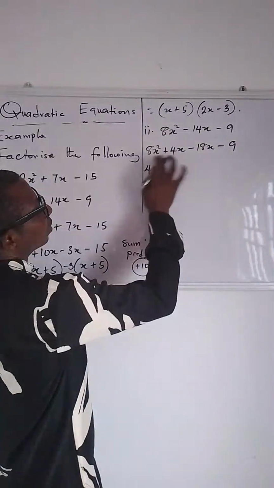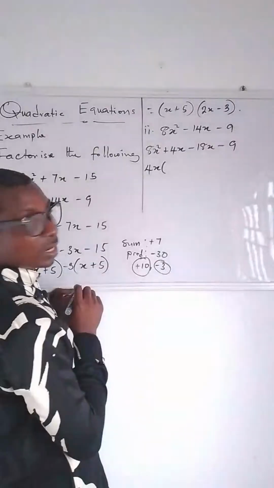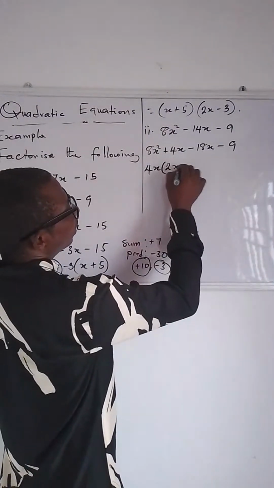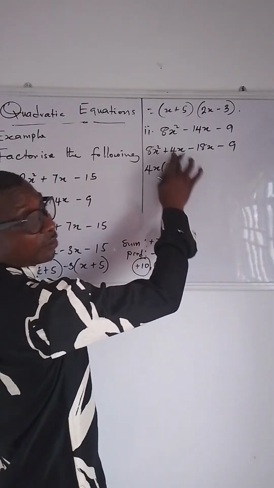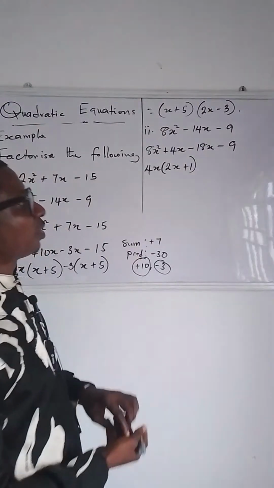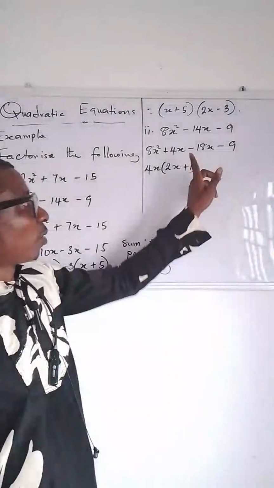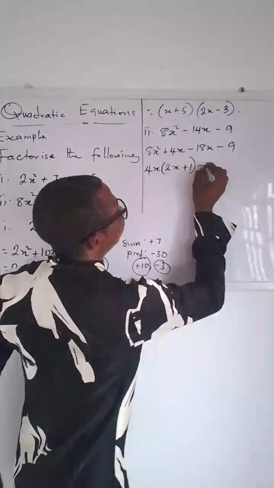So now when you divide this by 4x, what do you have? You have 2x. Divide this by 4x. 4x divided by 4x, that is 1. You have 1. Now look at this. What is the common factor? I told you, consider this sign. So I'm considering the sign, so I know negative will precede.